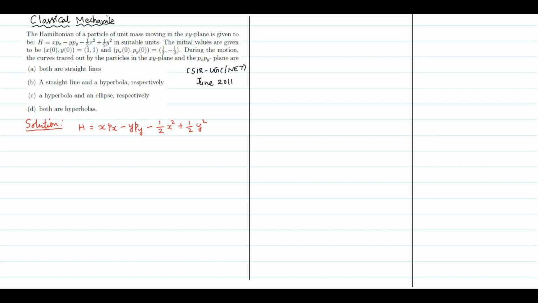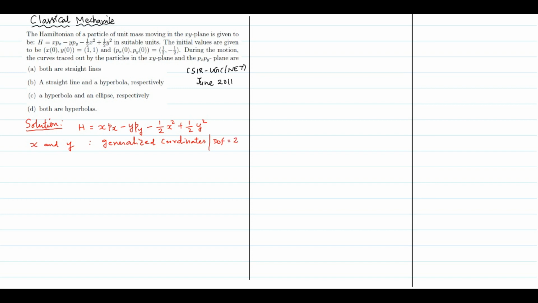So notice that x and y are generalized coordinates for this system. Therefore the system has 2 degrees of freedom.